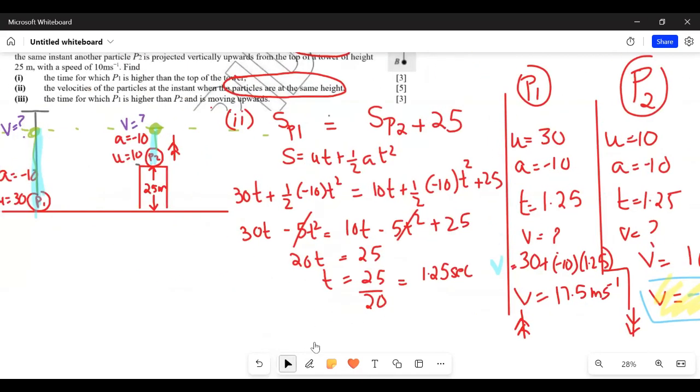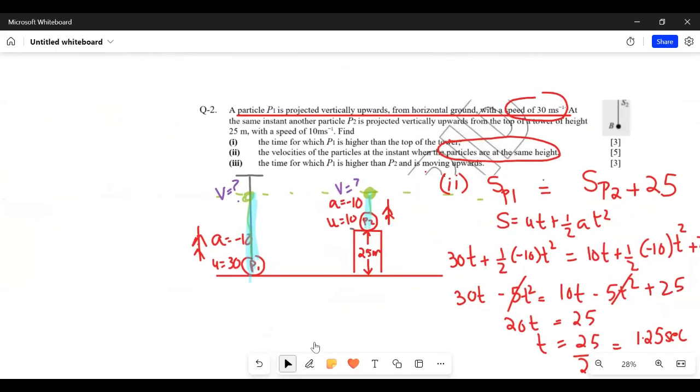So that means that the two particles are equal in height when the first particle goes up and reaches its maximum height and then it's coming down.